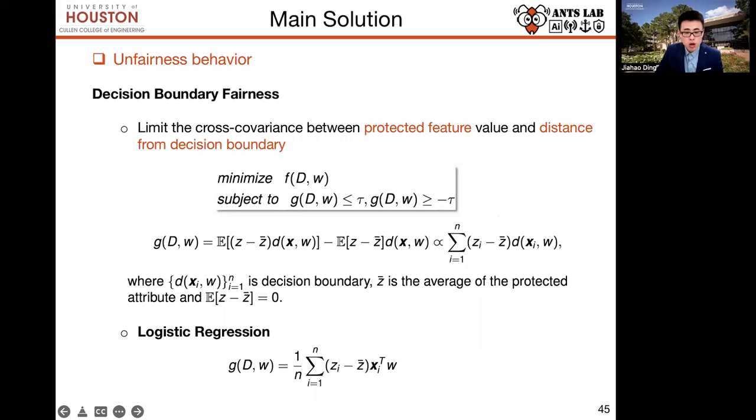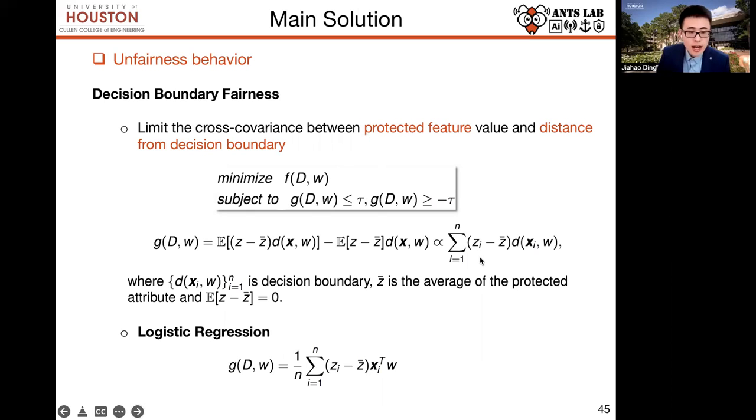To ensure a fair classification, we need to find a model parameter W that minimizes the loss function under a fairness constraint. J(D,W) here is a fairness constraint.